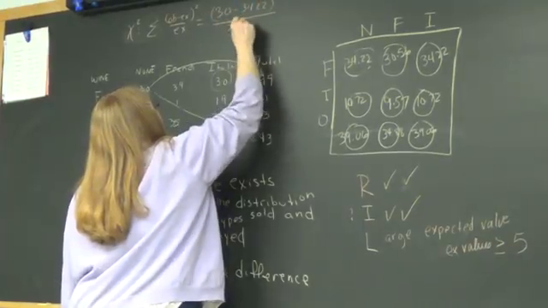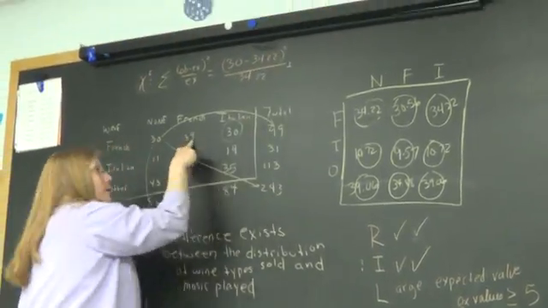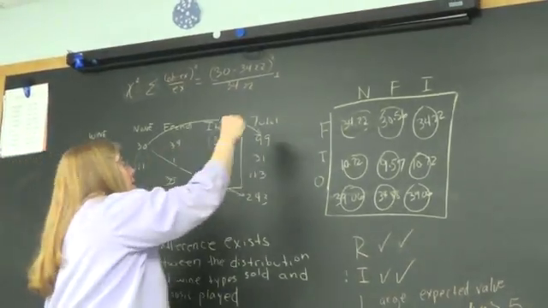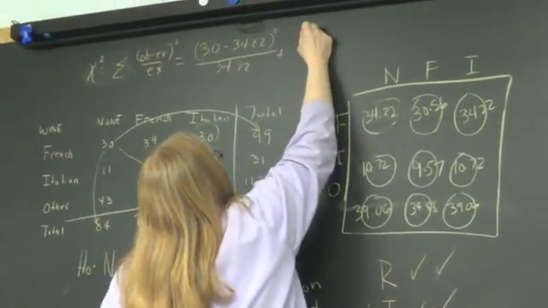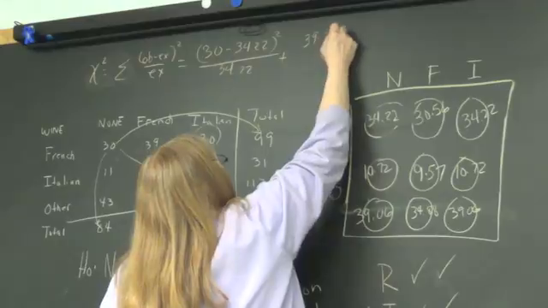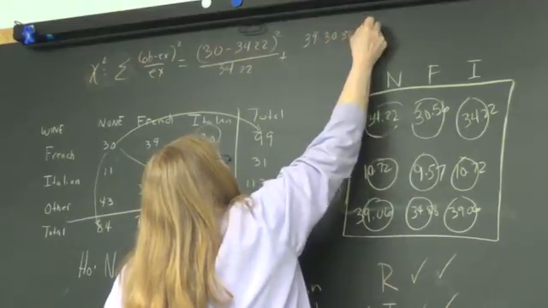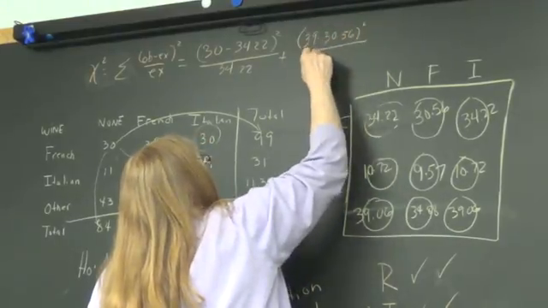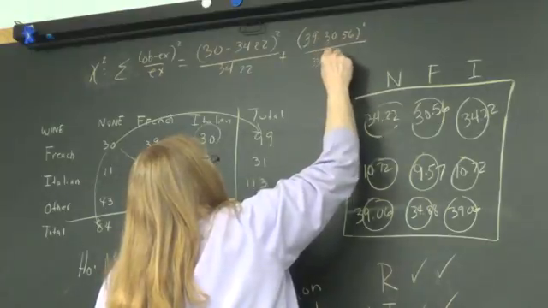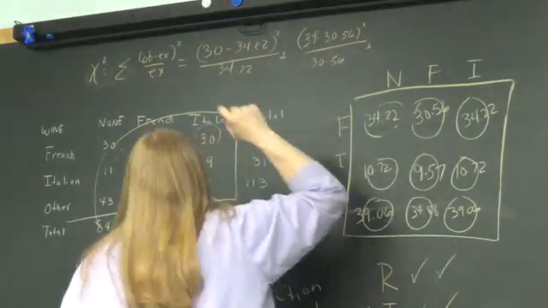All right, Julia, can you do this one? It would be 30 minus 30.56 over 30.56. Did you say squared? Yeah, with the squared.